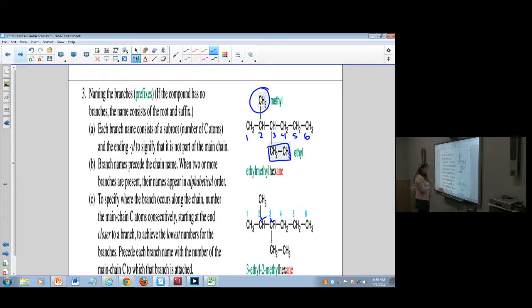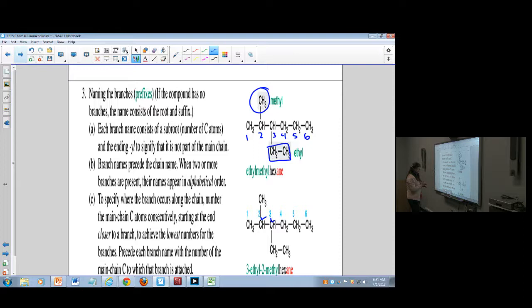So this is a 3-ethyl, 2-methyl hexane. So name the root, name the ending, the suffix, and then number everything and make sure that you get the lowest possible numbering. Then when you're naming it, it goes alphabetically.